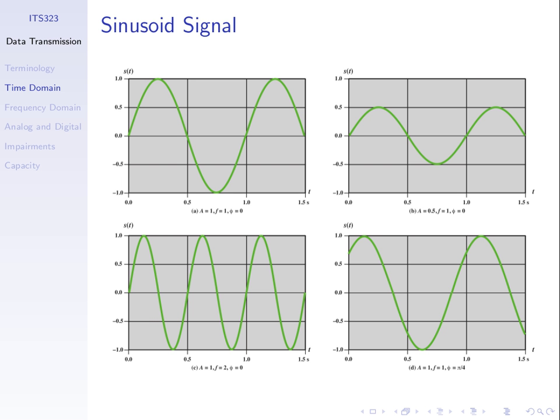Even though they're much more complex, they can break them down mathematically into a combination of sinusoids which vary in terms of the peak amplitude, the frequency and the phase. We'll show some basic examples of how we could combine these signals to get a different shaped signal. But for now, just a recap on, I think, high school mathematics or physics about the sinusoid, or the parameters of a sinusoid.